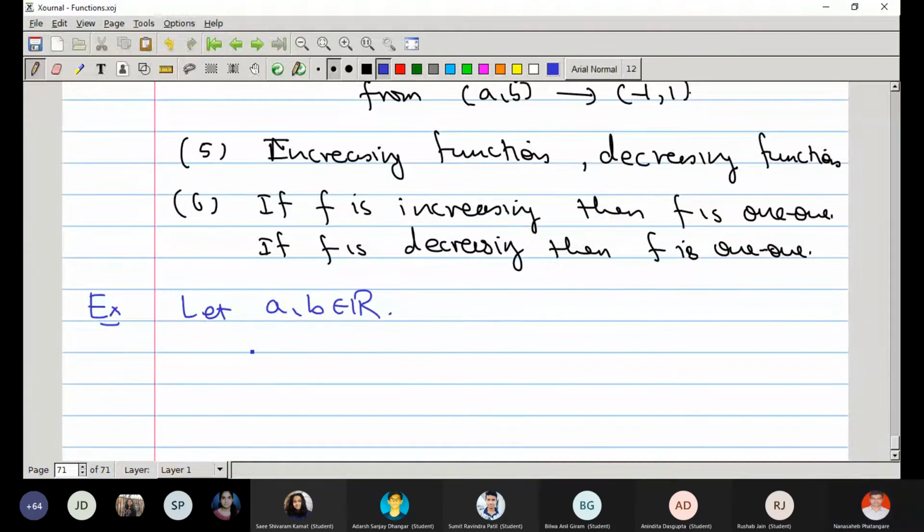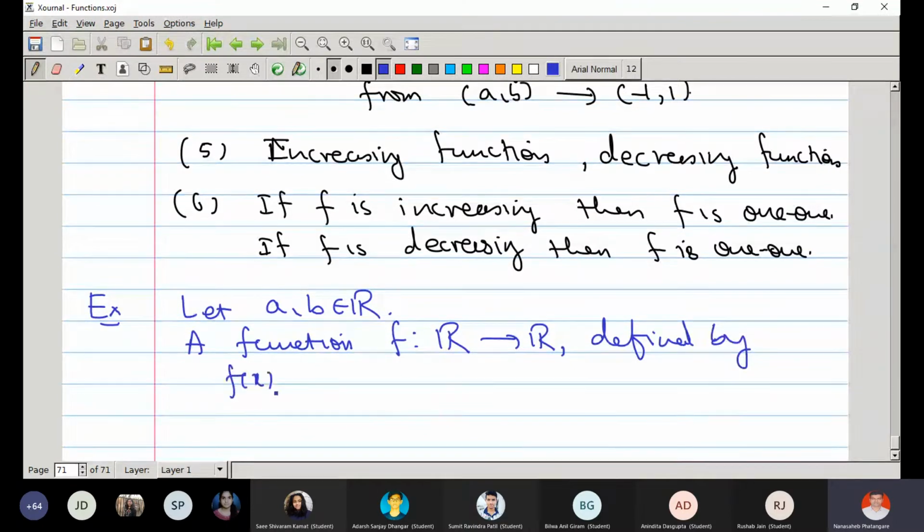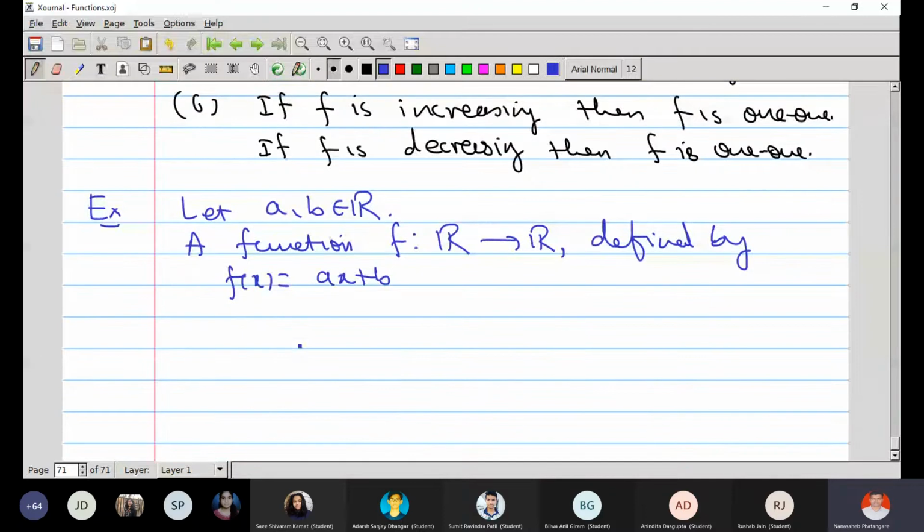A function f defined on real numbers by f(x) = ax + b is strictly increasing if a is greater than 0, and is strictly decreasing if a is less than 0.